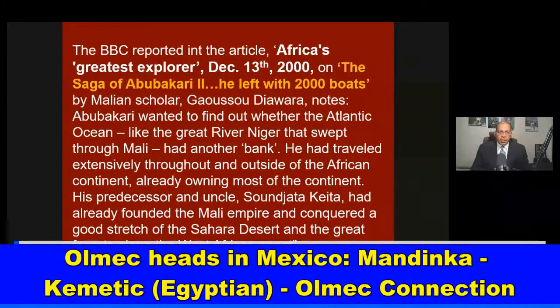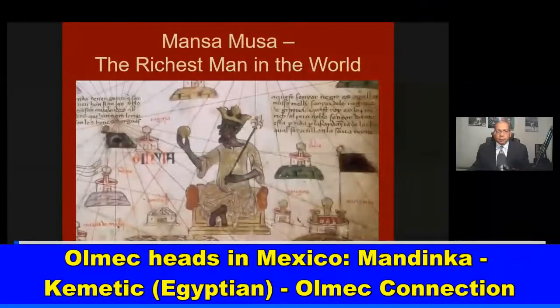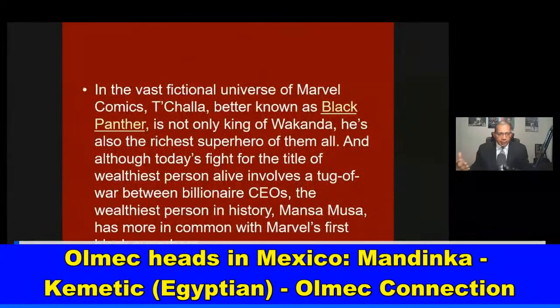His predecessor and uncle, Sundiata Keita, had already founded the Mali Empire and conquered a good stretch of the Sahara Desert and the great forests along the West African coast. Okay, so we look at West Africa and Ghana, Songhai, and Mali, but also Mansa Musa is also related. There's a relation between Mansa Musa and the fictitious character of T'Challa in Black Panther in Wakanda.